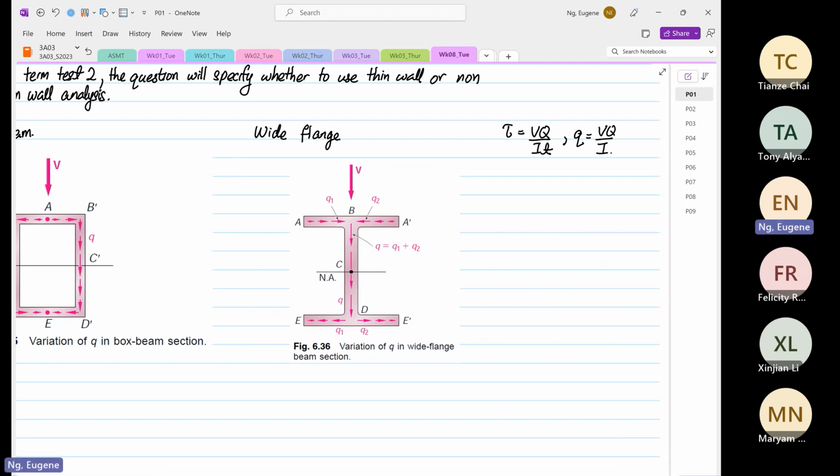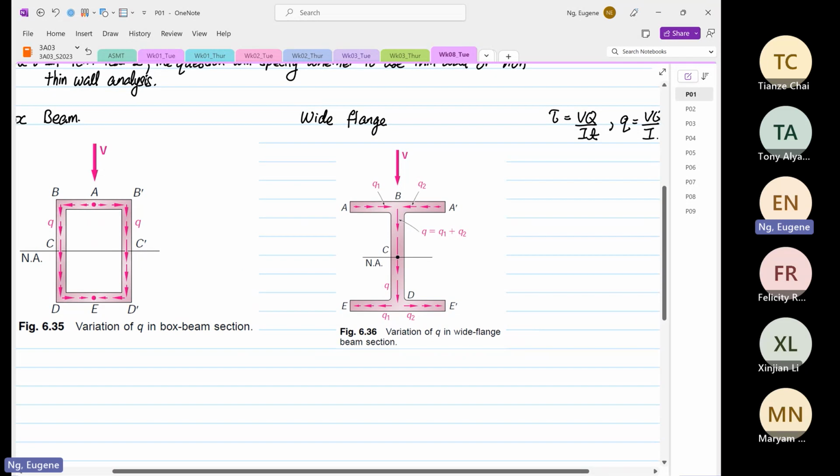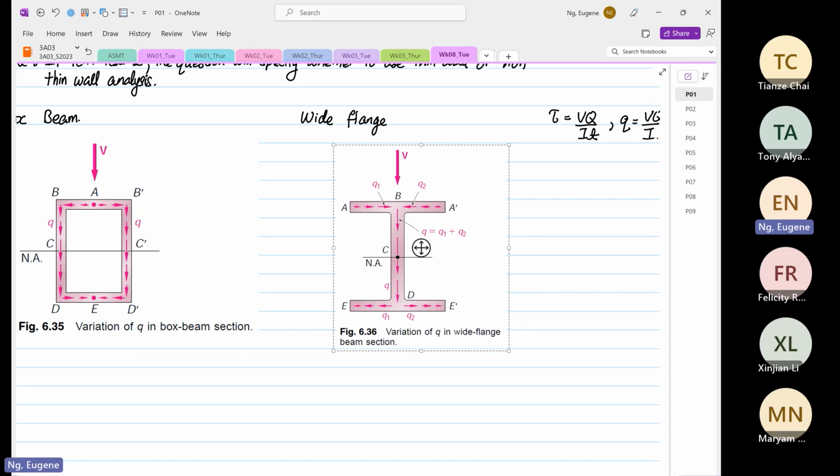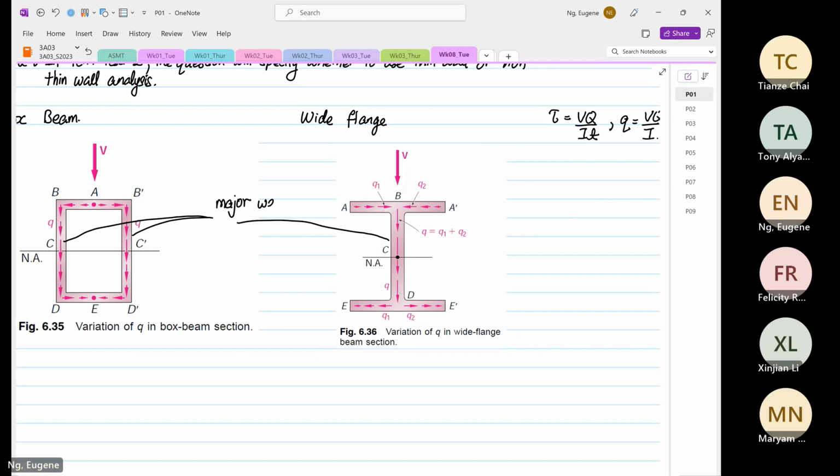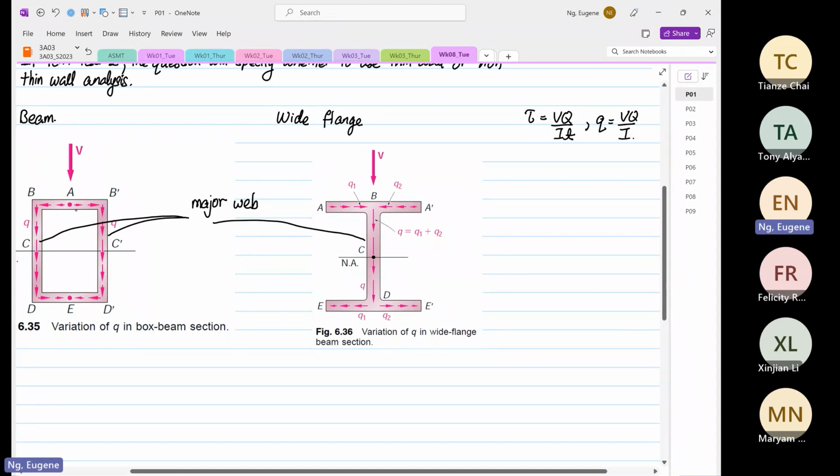Okay. So over here, what we tend to call the vertical section, if you see any vertical section over here, these are the vertical sections. And this is what we call the major web. Okay. So what do I mean by major web? Before I go any further, all these small arrows you see are known as your shear flow q.